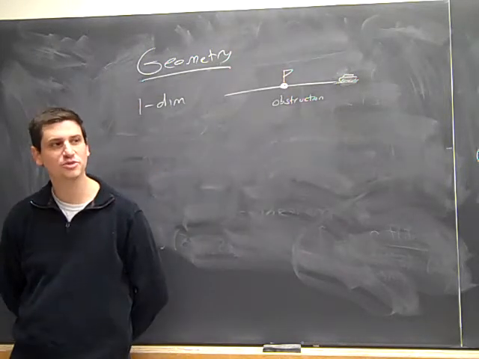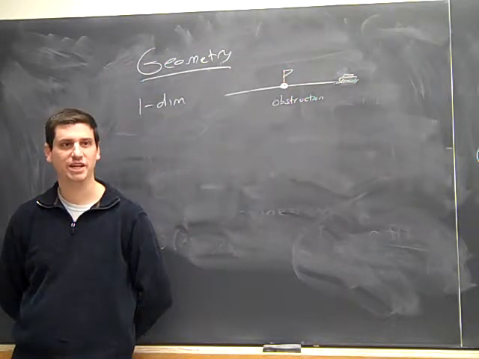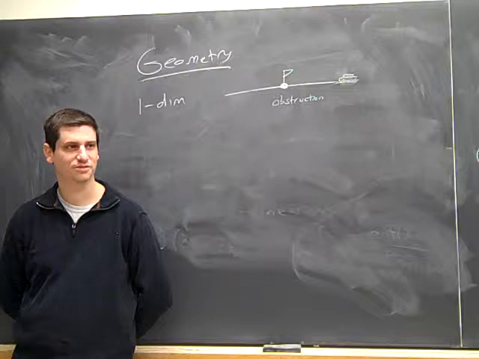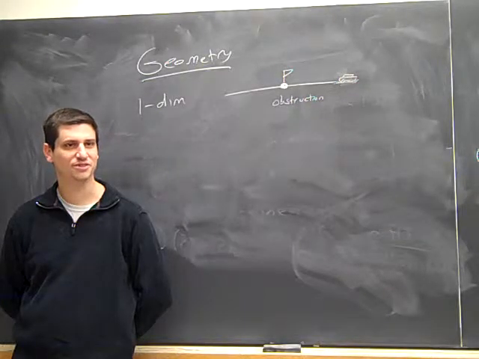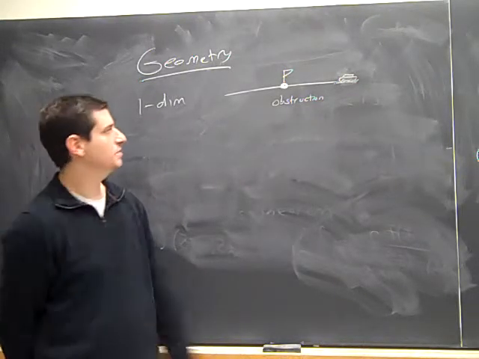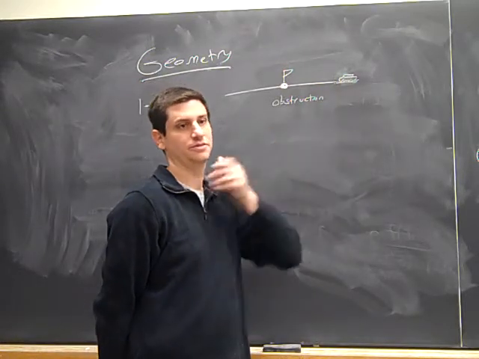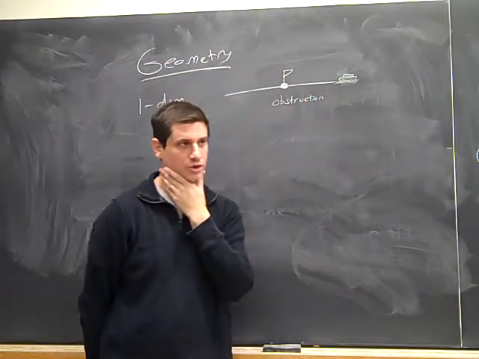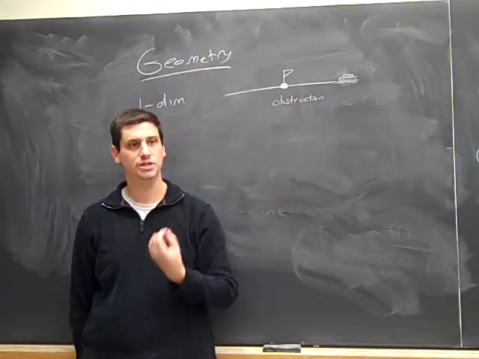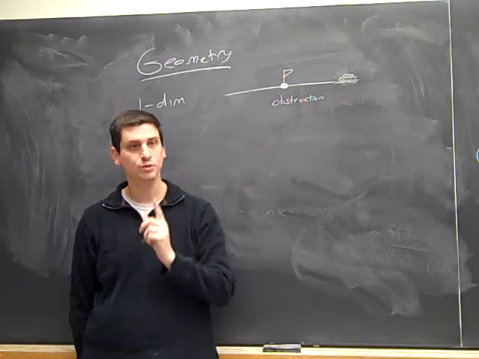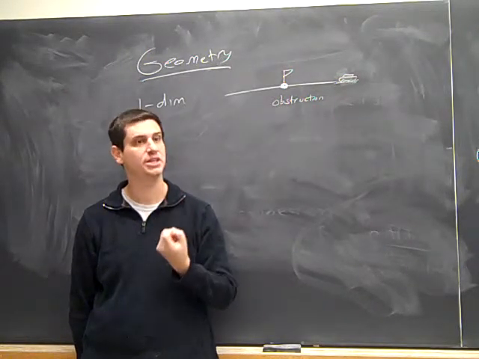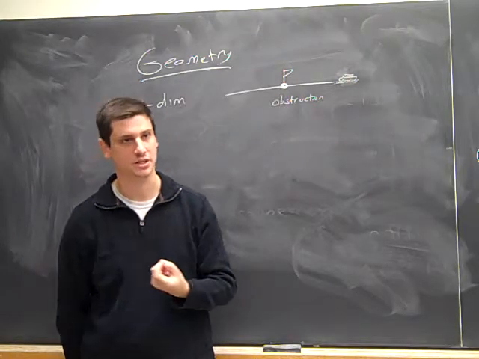Alright, so I have an obstruction. Can I get past this obstruction? In one dimension? No. In one dimension, I'm stuck. I can't get around it. And so fundamentally, there's huge difficulties. Removing one point can actually fragment your set and split it into two disconnected sets.